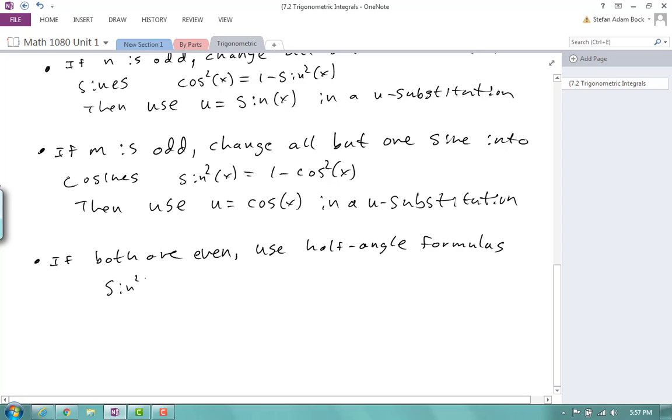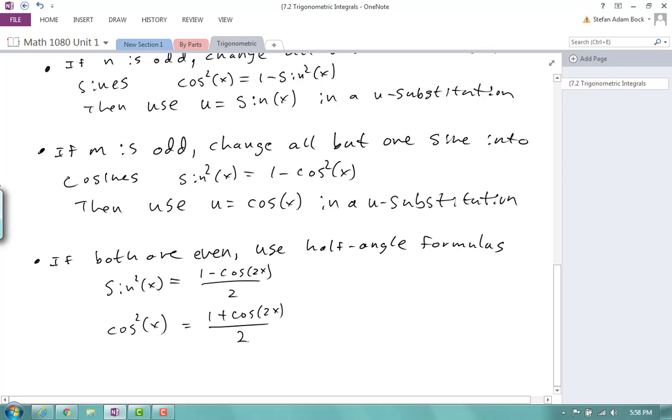So that is sine squared of x equal to 1 minus cosine of 2x all over 2, and cosine squared of x is equal to 1 plus cosine of 2x over 2.